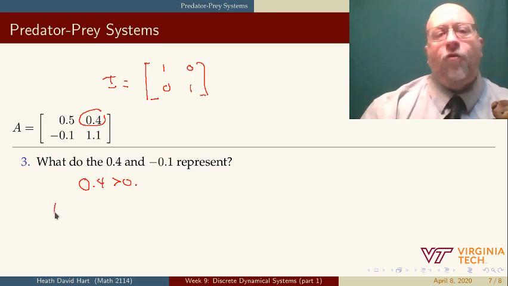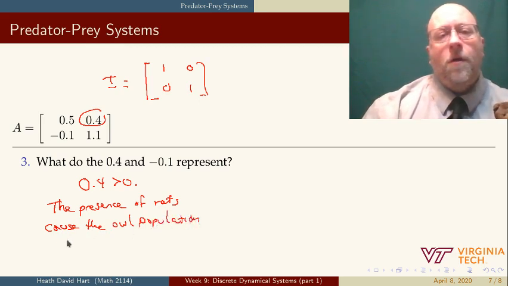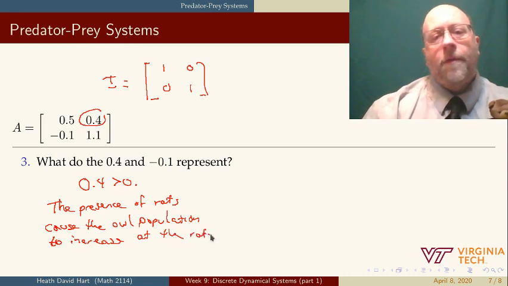And it means that the presence of rats causes the owl population to increase at the rate of 0.4 owls for every thousand rats. My units here are in thousands of rats.